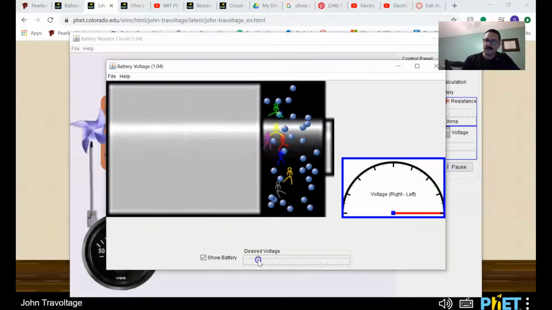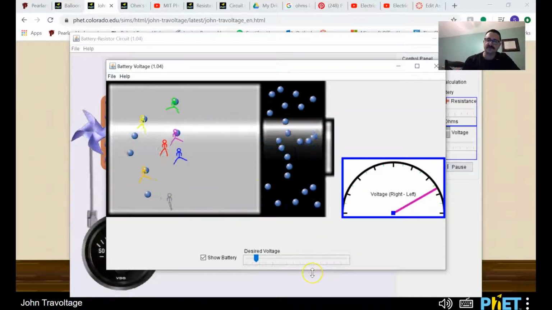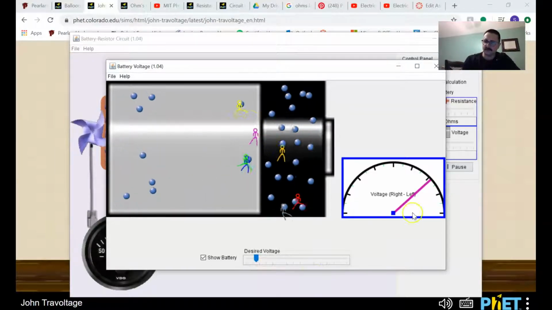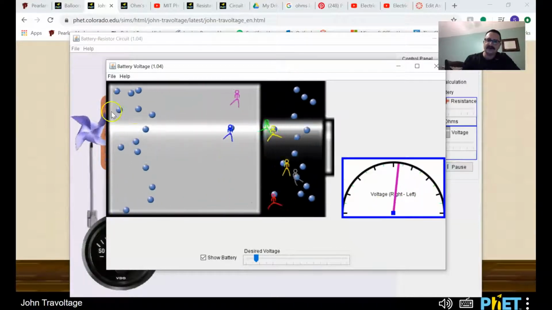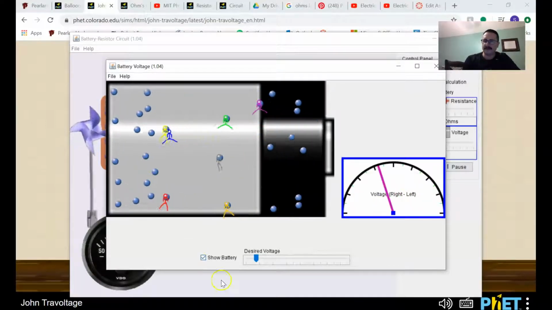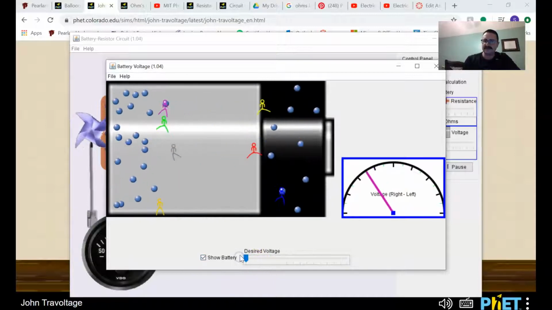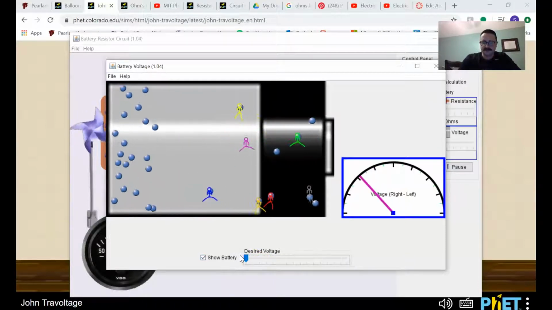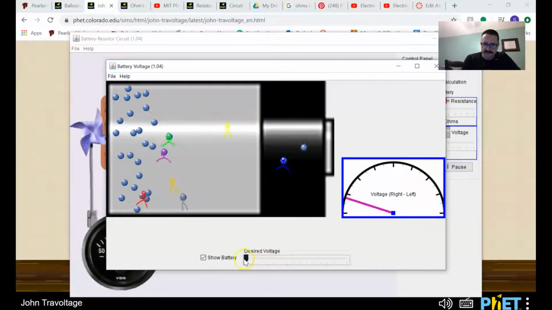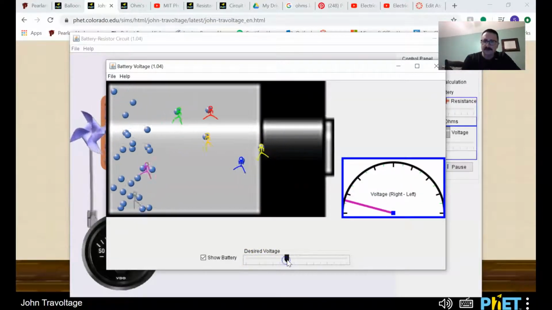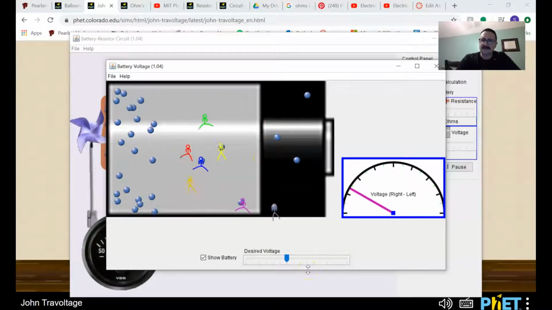If I had low voltage, if my battery didn't have very much voltage, as you can see, this voltage is going down, there's not as many electrons built up. If I had 0 voltage, let's see if I go right here in the middle, 0 voltage is when it's even on both sides.